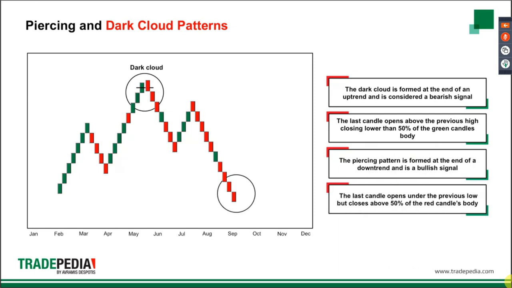Same thing. You can see that the last candle opens sharply under the low of the previous candle, but comes up closing above 50% of the red candle body. Basically same idea. I think it's basically targeting a strong rejection of that particular area, and it closes much higher.